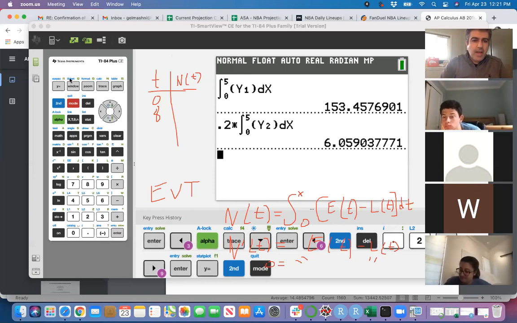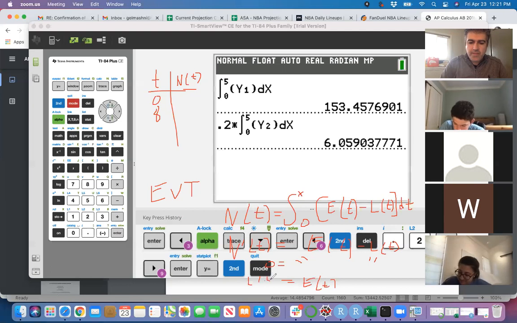Now, I actually could see where those are going to be. Essentially, you want E of t to equal L of t, so you want to see where these intersect. Fortunately, I already have them stored here.